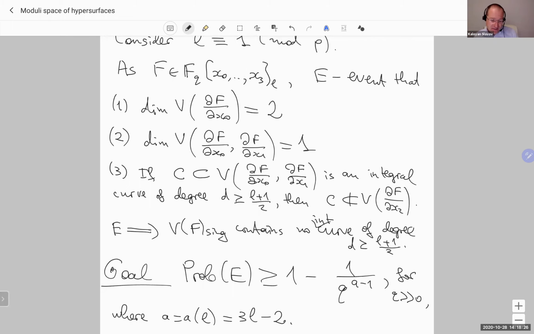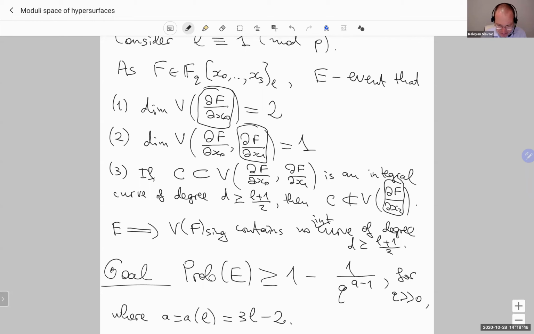If instead of the 3 partial derivatives you had completely separate polynomials, g0, g1, g2, then of course plenty of polynomials that I can put here will satisfy number 1, plenty of polynomials will satisfy 2, and plenty of polynomials will satisfy 3.